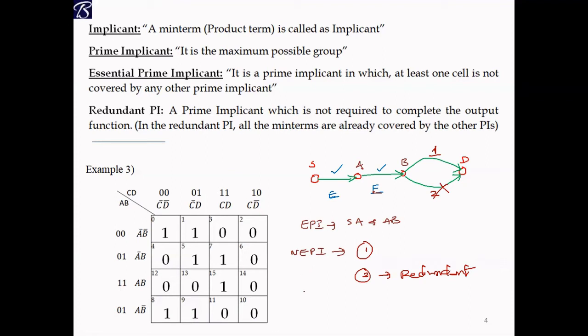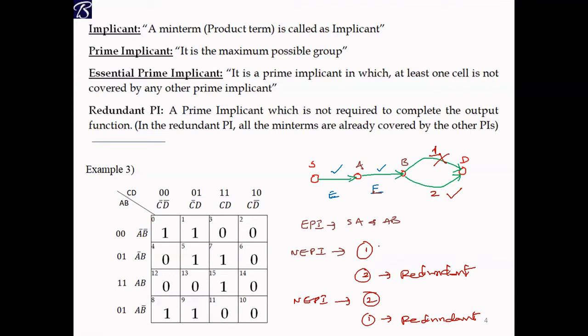And one more option I can take: if you take NEPI 2, then 1 becomes redundant. If you go this route, the other is a redundant term.